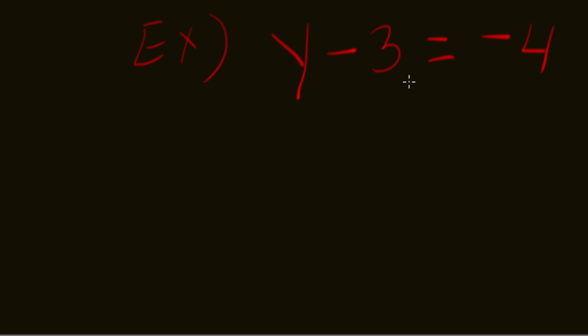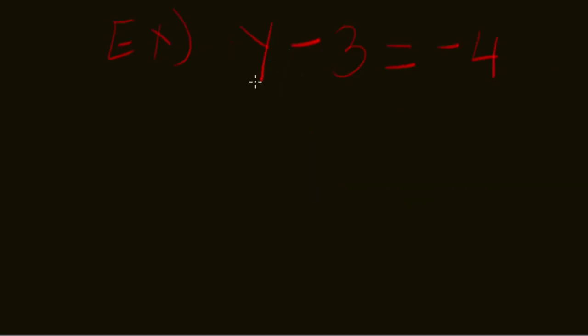So negative 1 minus 3 is negative 4, because a negative and a minus, you add because they have the same sign, and then you keep the sign.